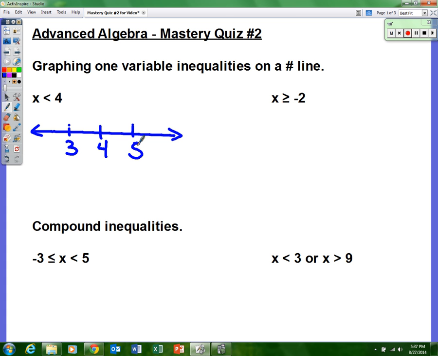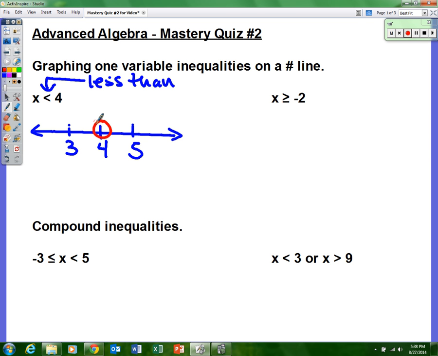All right, looking at this inequality, it is less than. Just less than. There's no line underneath it, so there's no equal to attached to it. It's just a less than symbol. When it's a less than symbol, remember we use an open dot or an open circle.